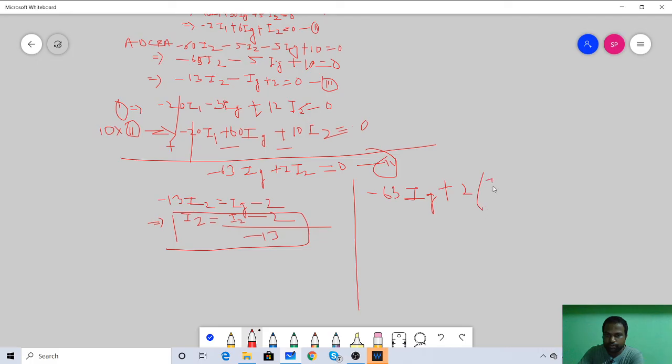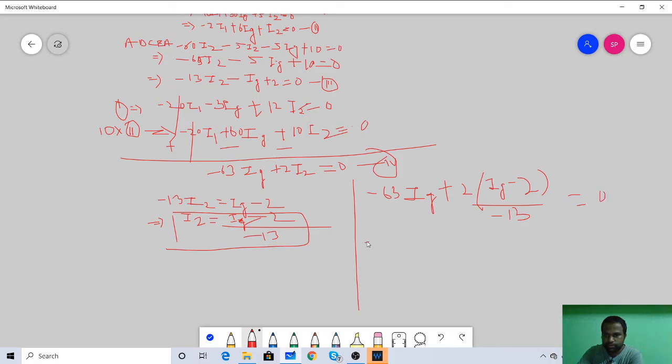I2 I am getting as (Iz minus 2) by minus 13, so 2 into (Iz minus 2) by minus 13 is equal to 0.